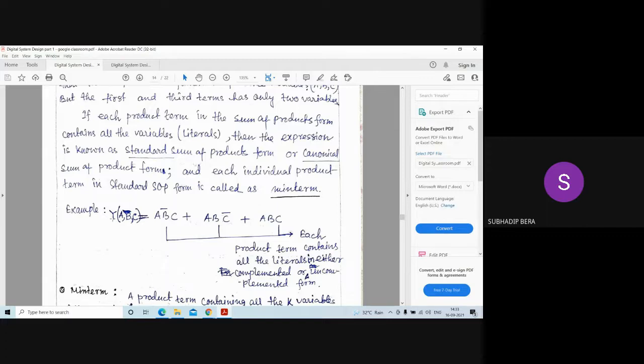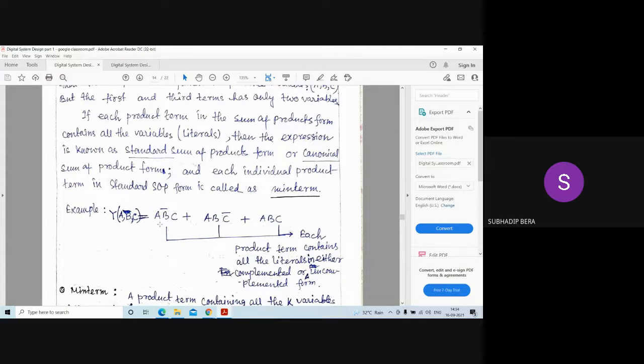Yes, ma'am. Now consider this one. A is 1, B is 1, C is 0. Then what will be the output for this product term? 1. And for this input condition, A is 1, B is 1, C is 0, consider the output for these two.